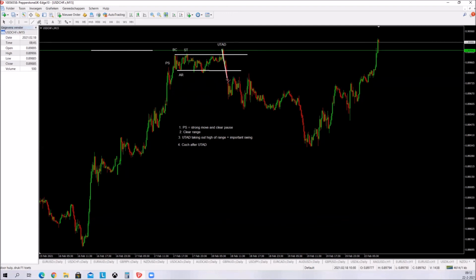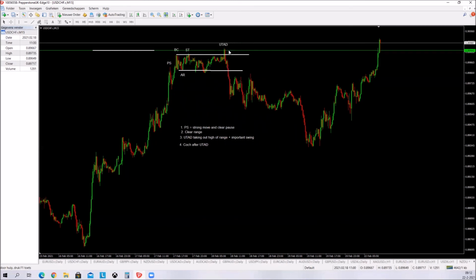If price went to the lower part of the range and then quickly made a move like this, then it would be reaccumulation. But as I said, the change of character and the location were very important, so this was clear distribution to me.